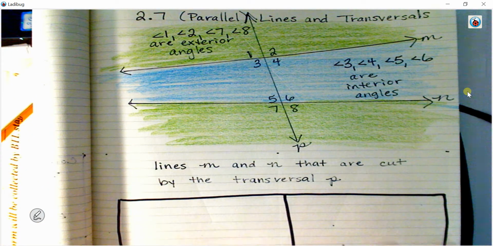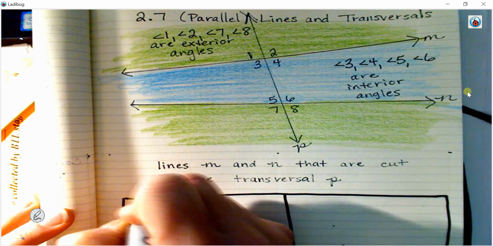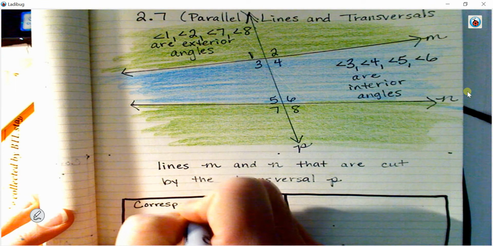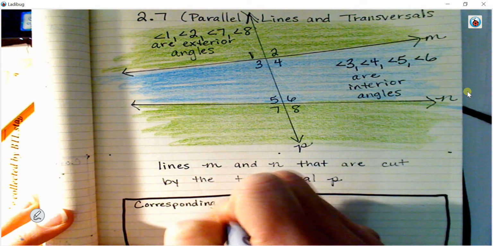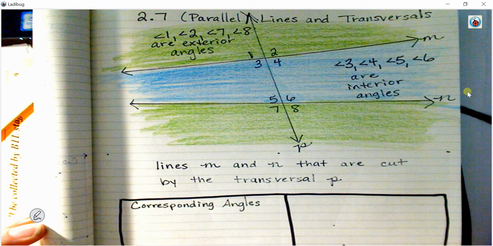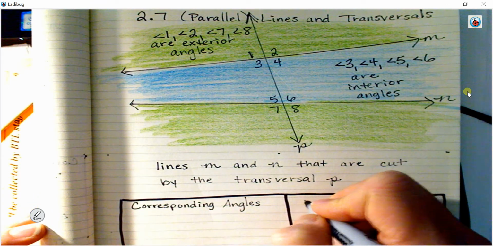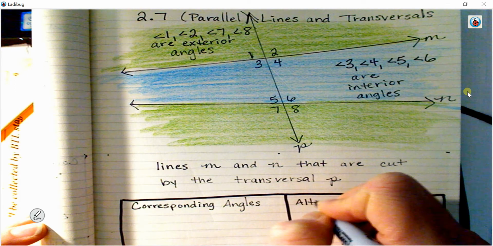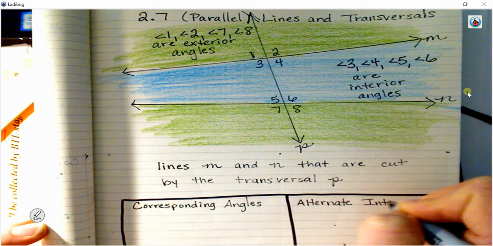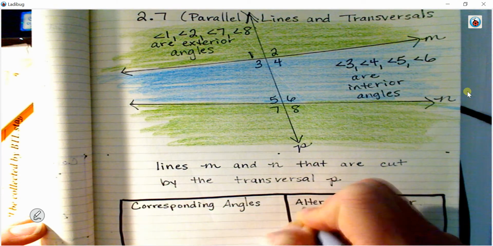And at the top of the first two, we're going to have a set called corresponding angles. And another set of angles called alternate interior angles.